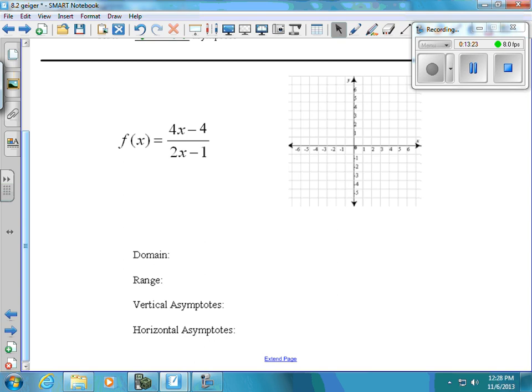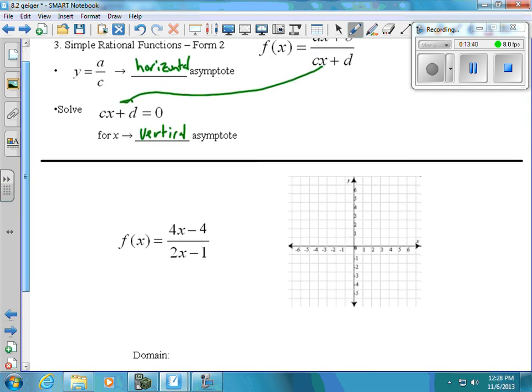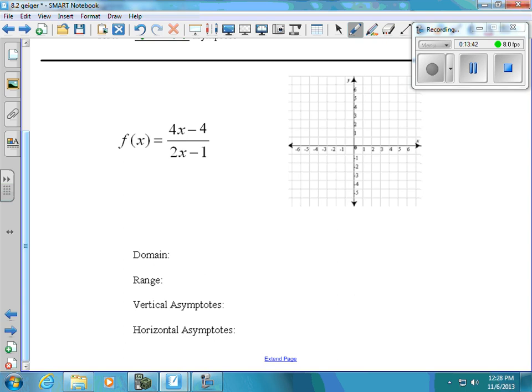So let's look at this equation, 4x minus 4 over 2x minus 1. Let's look at vertical. I always start with the vertical asymptote because it gives me a place to start. It makes it really easy to find my domain and range. Our vertical asymptote comes from cx plus d. So our denominator, 2x minus 1, equals 0.